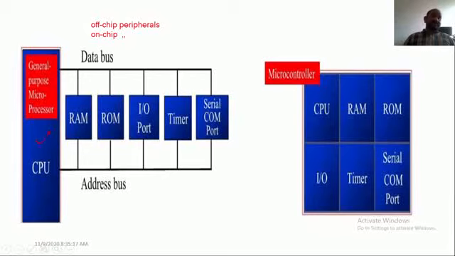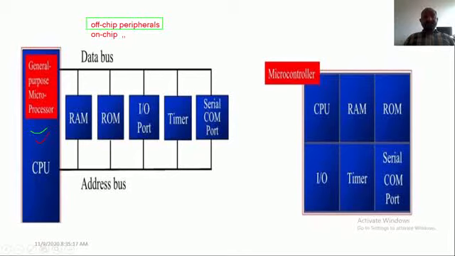This is a microprocessor IC, and these memory devices, the IO port devices and the communication port devices are not there as a part of the microprocessor IC. That's why they are called off-chip peripherals.